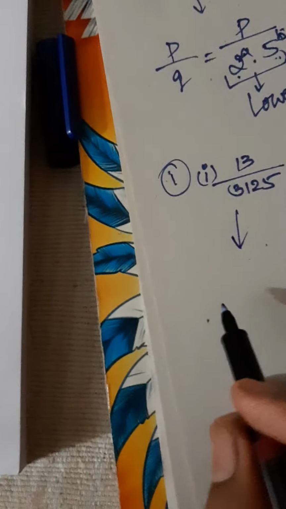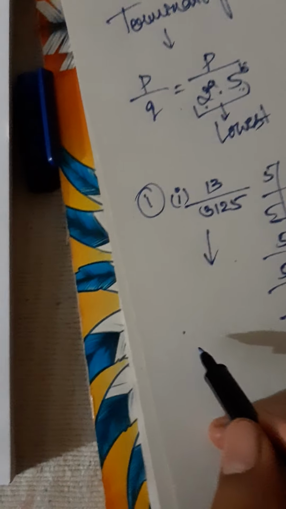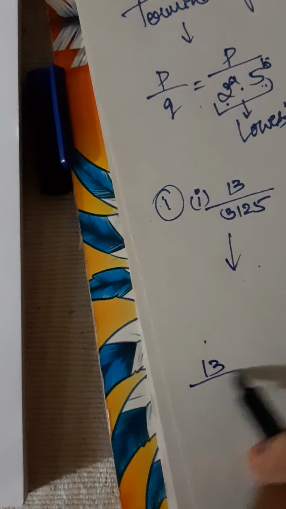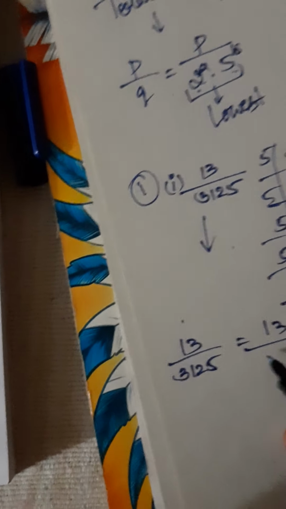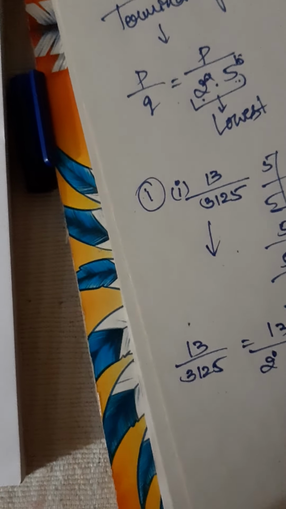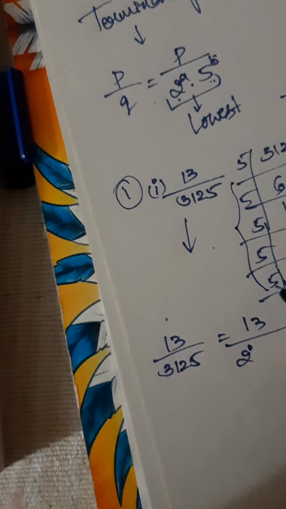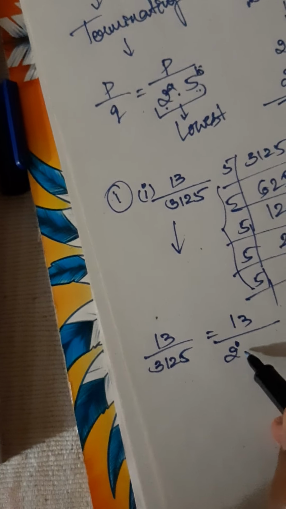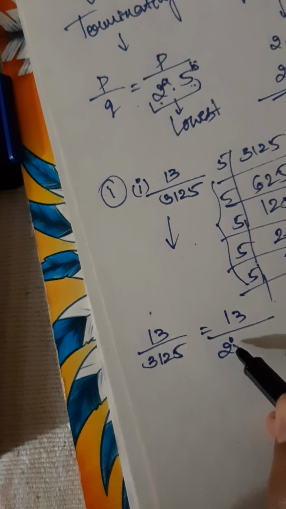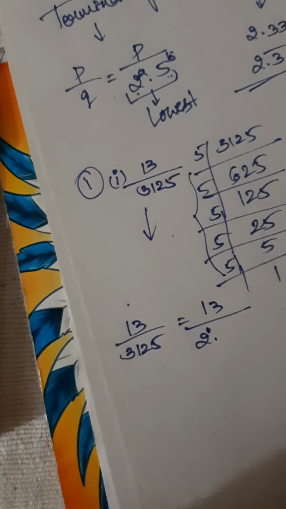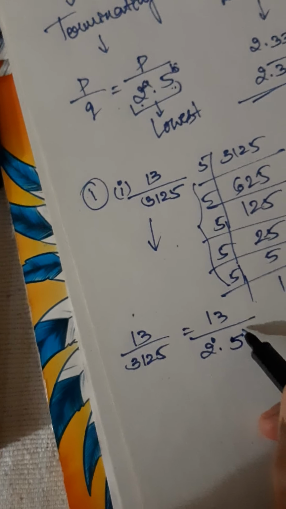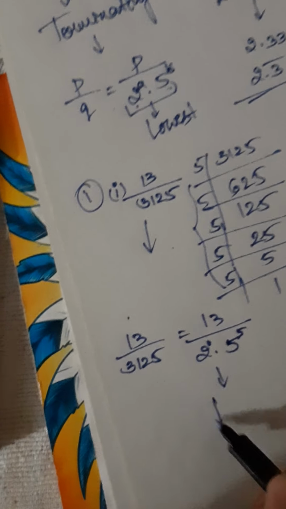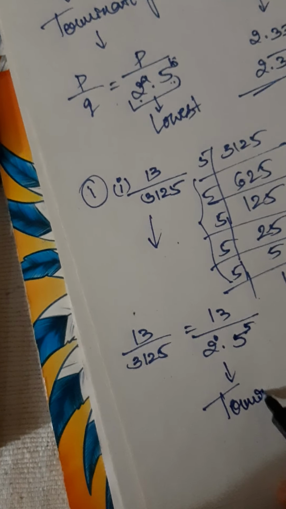Now let's put this in the terminating form: 13 by 3125 is equal to 13 by 2 raised to 0 into 5 raised to 5. If we have no term, we can take it as 2 raised to 0 or 5 raised to 0. We must have the form 2 and 5 powers, and 5 raised to 5. So this is terminating.